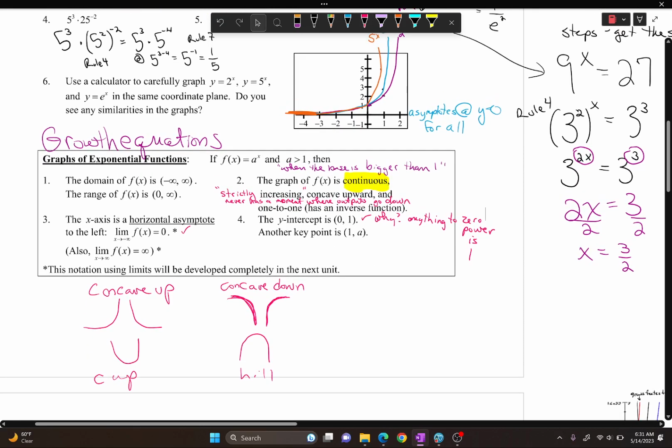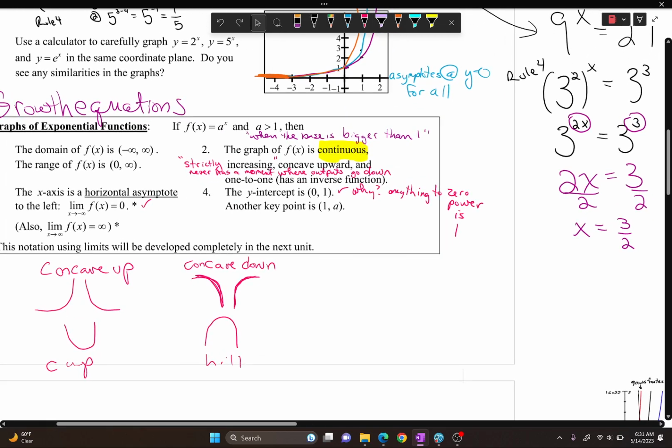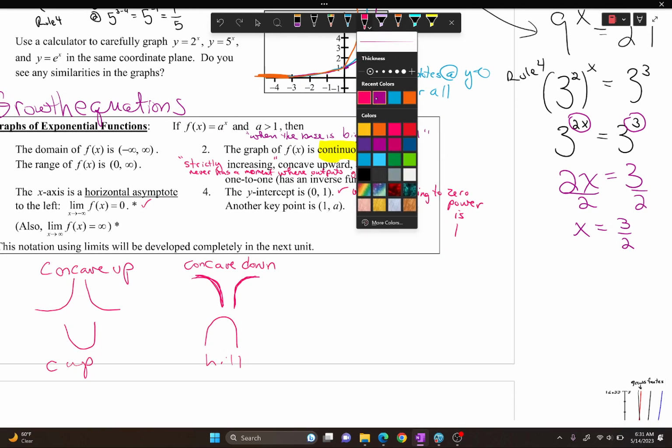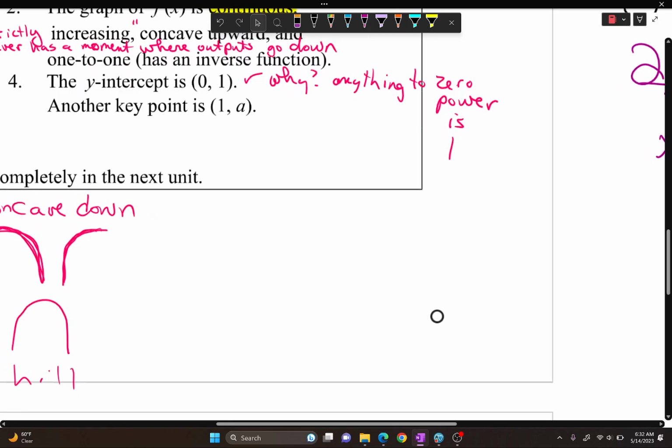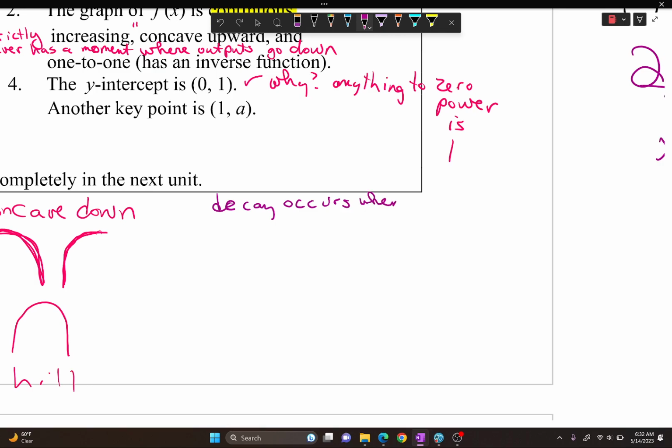Now, notice that he told you nothing about decay equations. So do you want to talk about decay equations just a little bit? Decay equations occur when a is between 0 and 1.